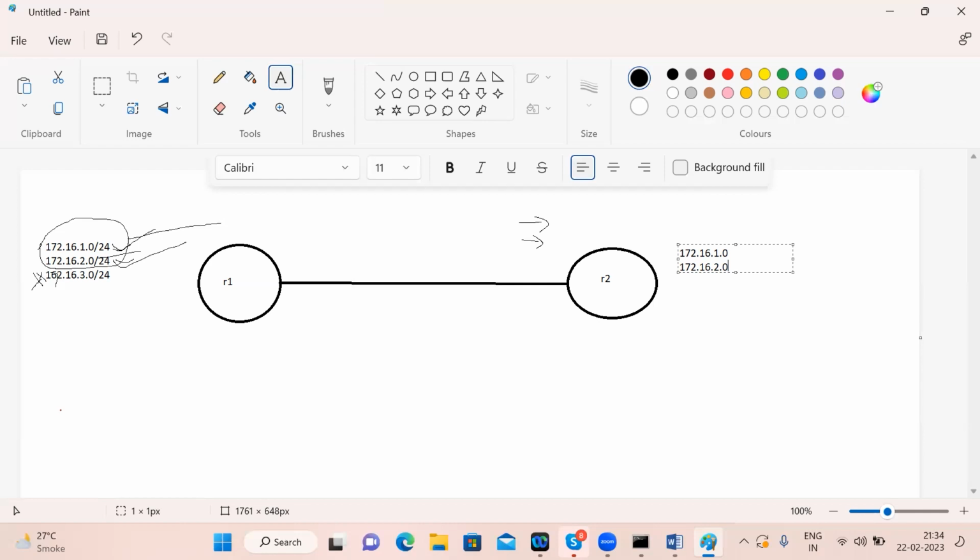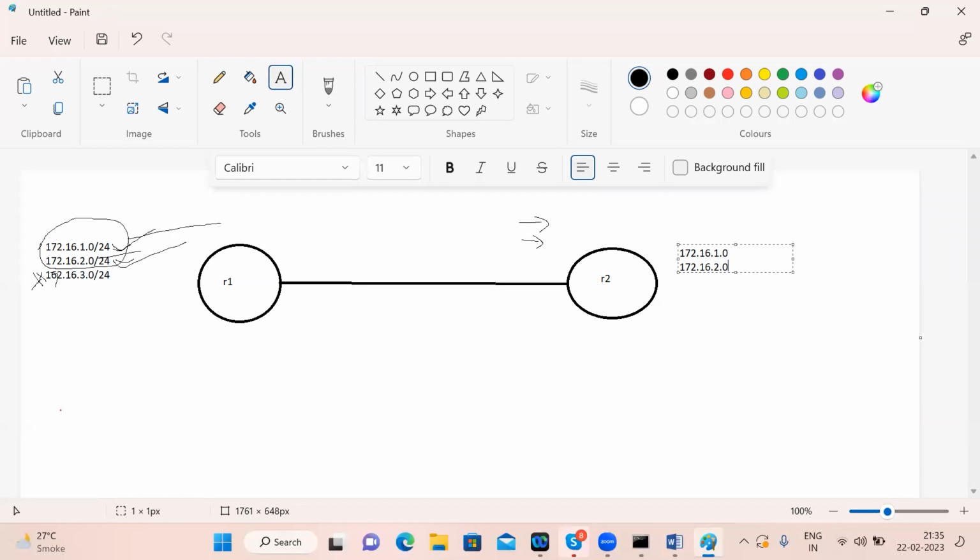Before updating the routing table, what do you think? Is it complete information or incomplete information? 172.16.1.0 and 2.0. Sir, the subnet mask is not there.